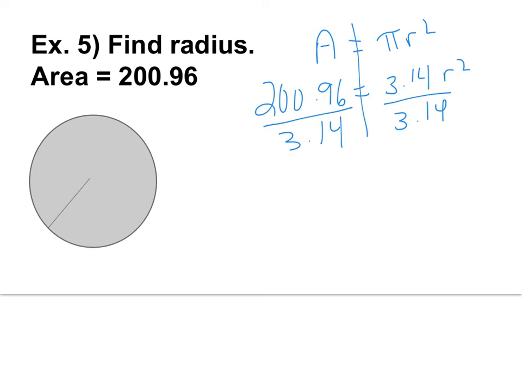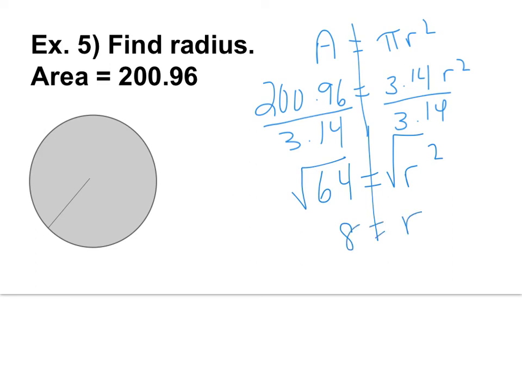And again, here's where we get our calculators out. So I'm going to pause it. Okay, so that comes out to 64 on the left equals r squared on the right. And now we square root both sides, and we end up with r is equal to 8.